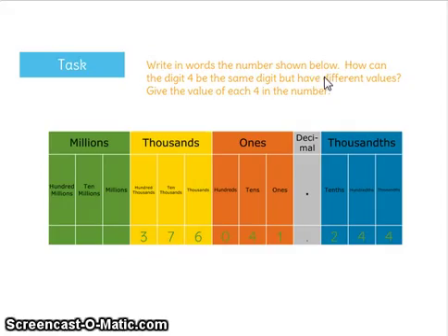That means read it the way you would say it out loud and write down what you are saying. Then, how can the digit 4 be the same digit but have different values? Think about that. I want you to write both of these, hand them in for a quick check.